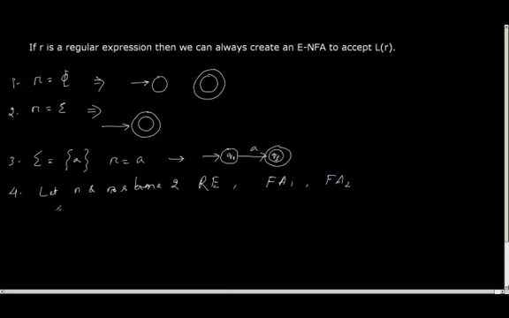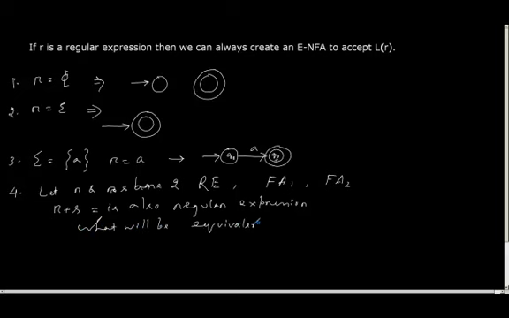Then R plus S, from the definition of regular expression, is also a regular expression. So my question is, what will be my equivalent epsilon NFA for it? Can someone tell me?